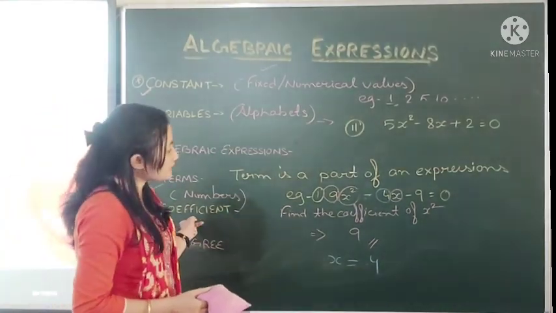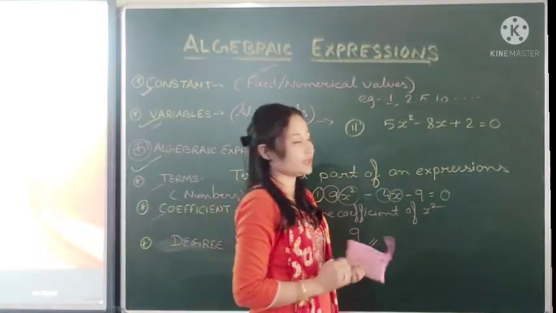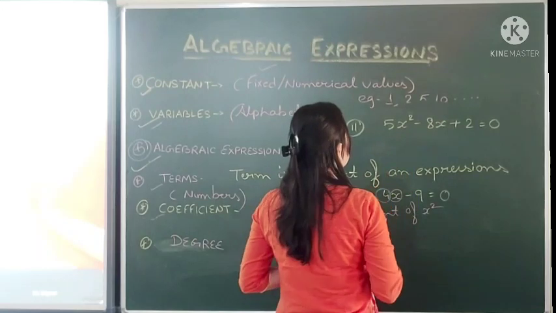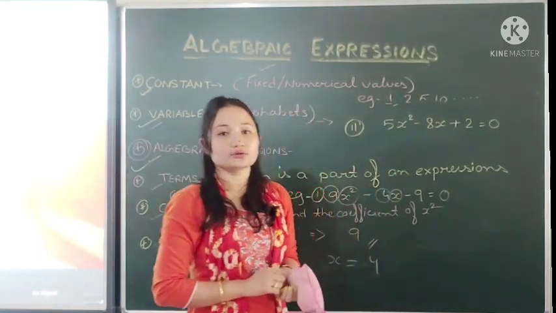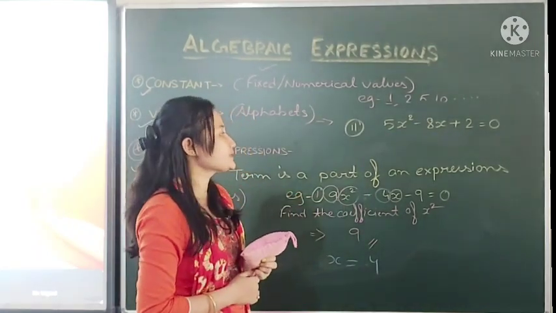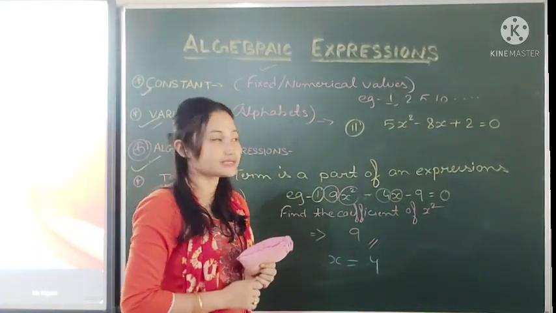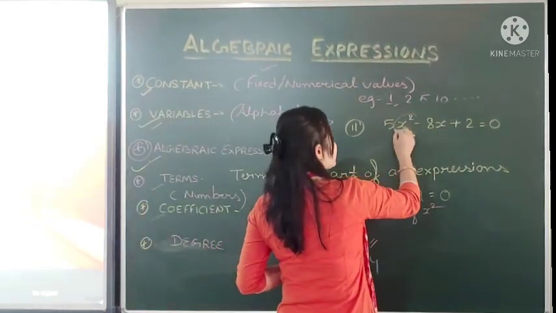Now let's solve one more question related to the coefficient. The example is 5x square minus 8x plus 2 equal to 0. From this expression, what is the coefficient of x square?